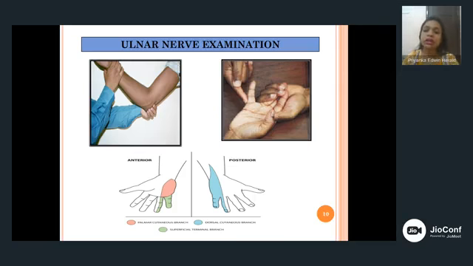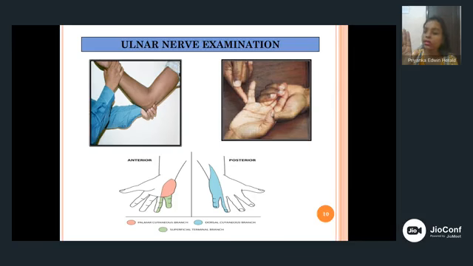And then we see its motor assessment: whether motor paralysis is present or not. You all know that the ulnar nerve supplies the intrinsic muscles of the hand. So for that, we ask the patient to abduct the little finger out. For that, we use abductor digiti minimi for abduction, so we are checking this muscle.